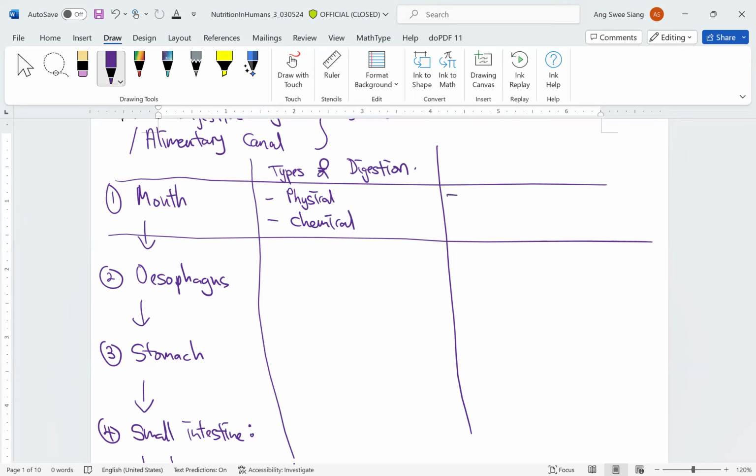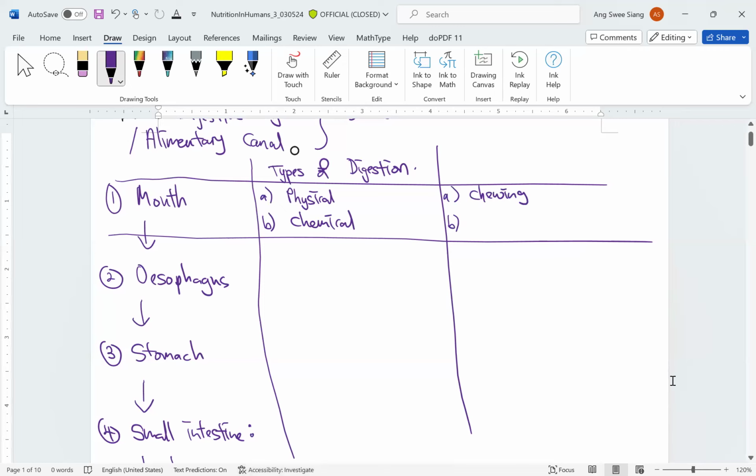Physical digestion, yesterday we already mentioned, is referring to the chewing. Then for the chemical digestion, I will be talking about the enzyme and the substrate. In the mouth, you have this enzyme called salivary amylase.